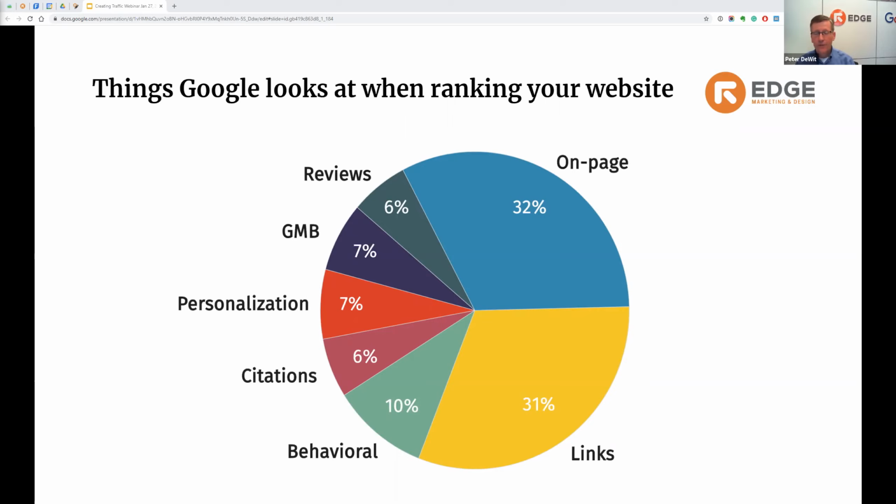When Google looks at a website, it's of course a completely automated process. There's no real person looking at your website. But they have different factors they take into consideration when they rank you compared to your competitor, for example. On this diagram, it gives some of the main aspects that Google uses to rank your business.